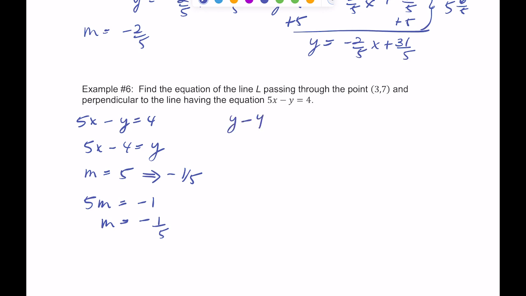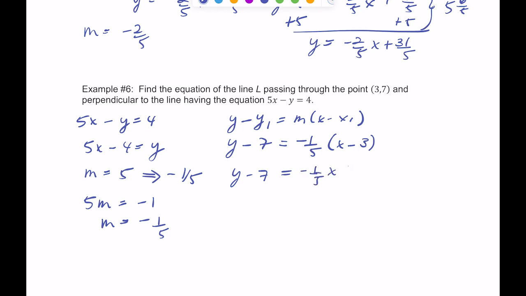So I'm going to, surprise, plug it into the point-slope form. So I've got y minus y1 equals m times x minus x1. And then of course, we're going to put it in slope-intercept form. So I'm going to distribute the -1/5.